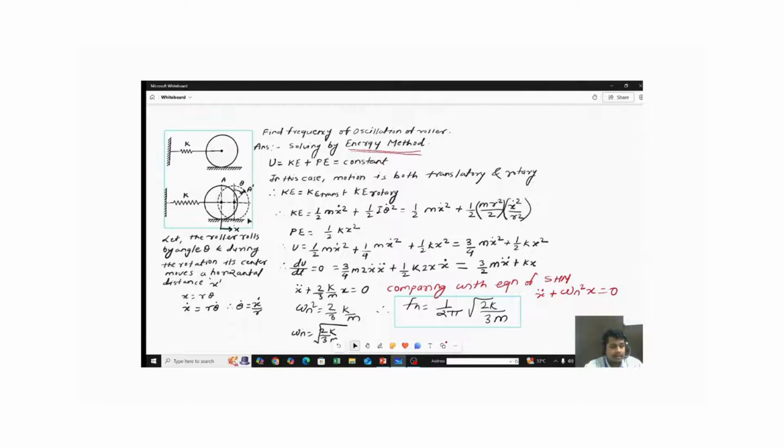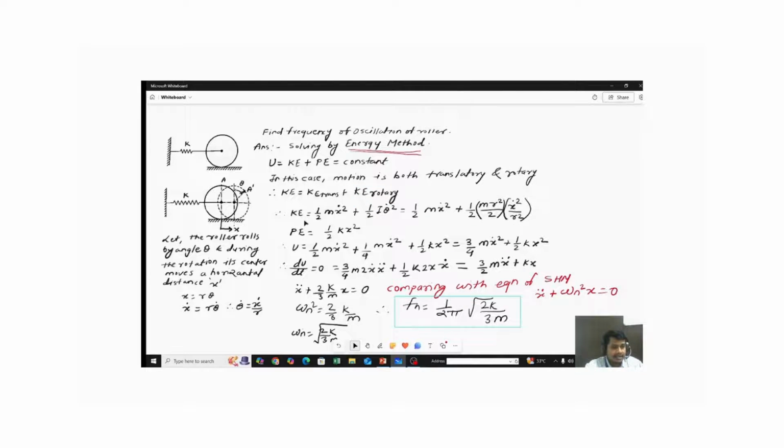So we have to consider both the motions, that is translation and rotation, while finding out the kinetic energy of that roller. So kinetic energy will be kinetic energy during translation plus kinetic energy during the rotary motion.